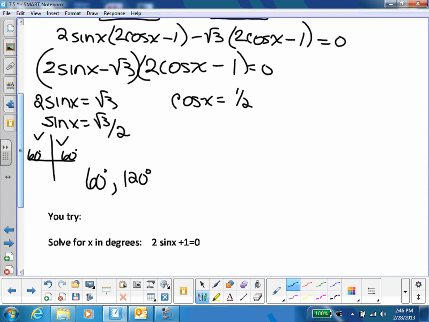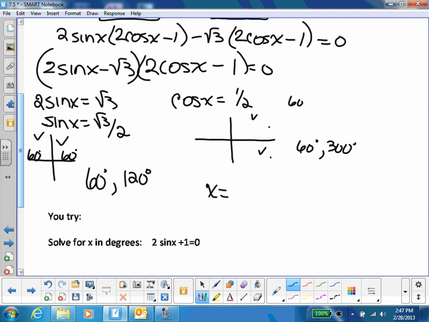Okay, I need cosine. Where is cosine positive? First and fourth. Okay, cosine of what is 1/2? So I need a 60 in the first and the fourth. So that's 60 and 300. All right, so we're combining our answers. We don't repeat an answer. We don't write 60 twice, do we?